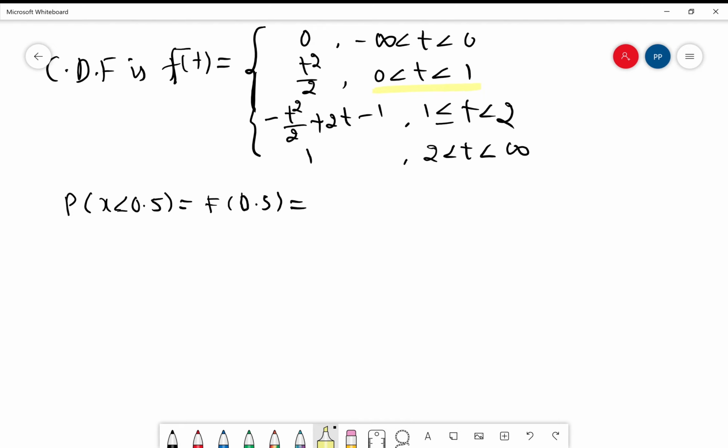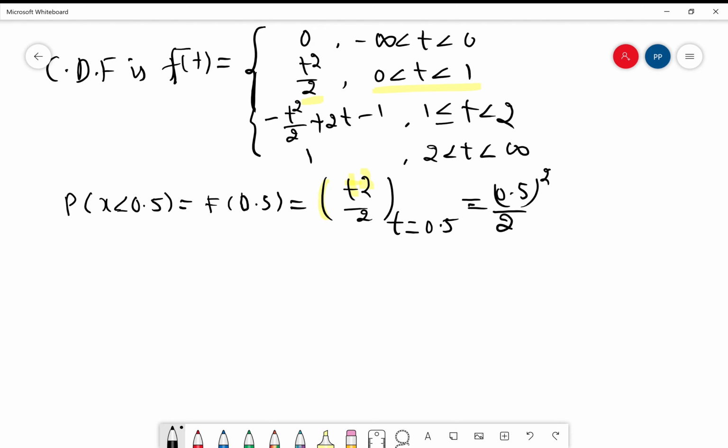Therefore, you have to take the corresponding expression, namely t squared by 2. There you have to put t equals 0.5, which equals 0.5 whole squared by 2. Simplifying this, we get the required value.